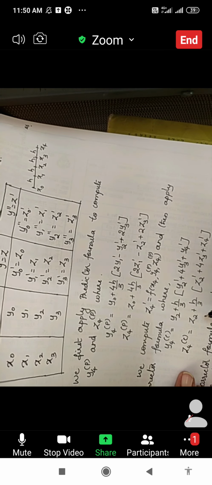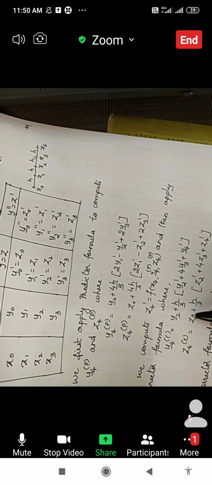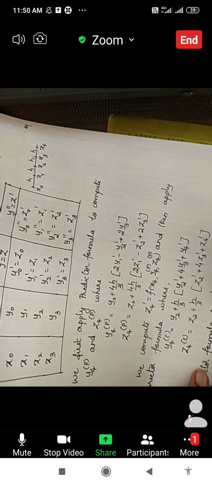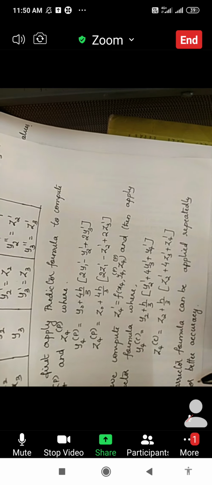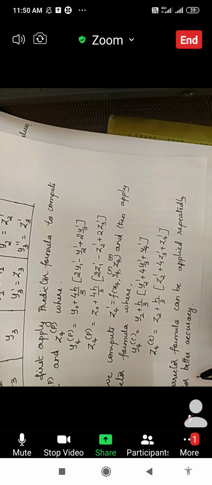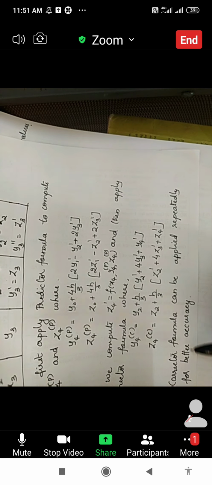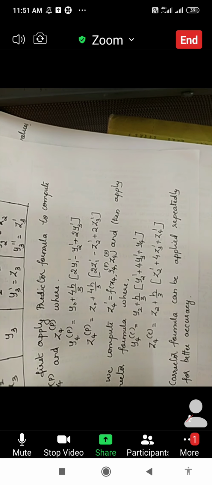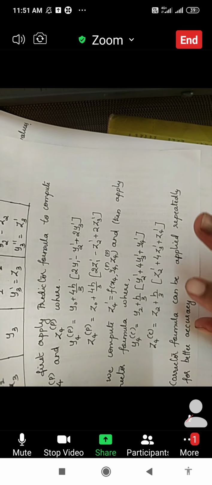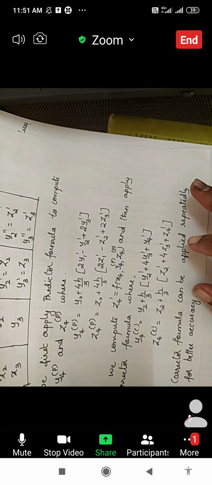See, in some of the books they have given these values in terms of double dash and all. But I feel if you use it like this, confusion will be less. The corrector formula can be applied repeatedly. We have seen that if you want, you can apply the corrector formula twice to get more accuracy. Is the method clear?